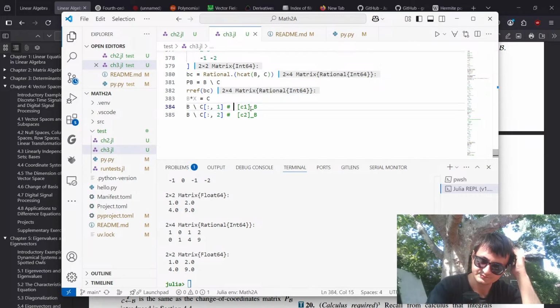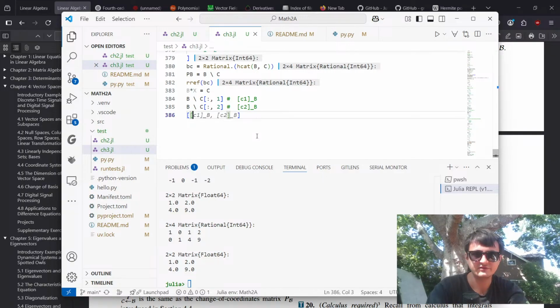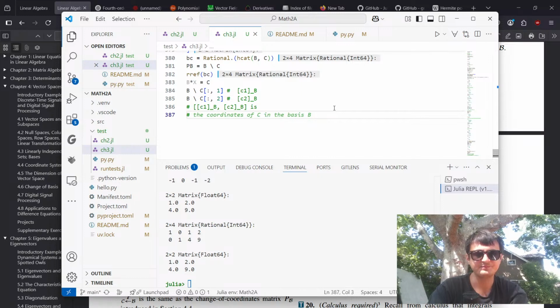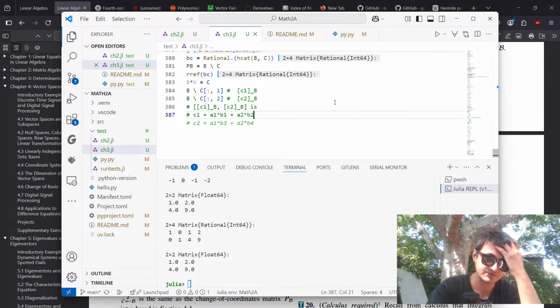So therefore the matrix of C1B, C2B, effectively it's like C1 is equal to, let's just say, A1 times B1 plus A2 times B2.